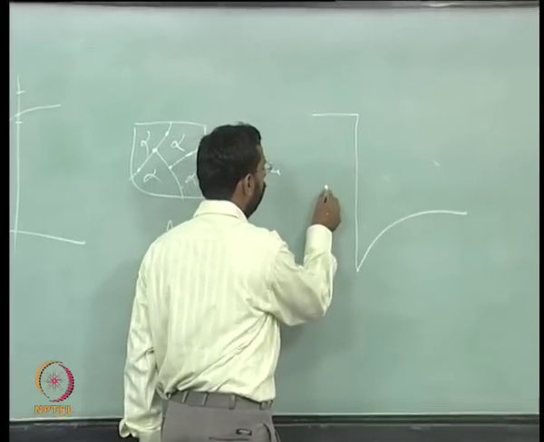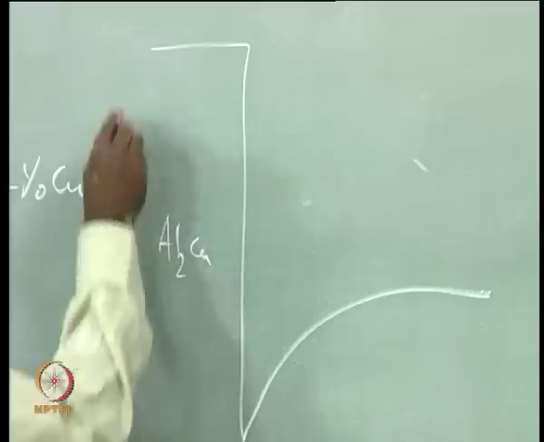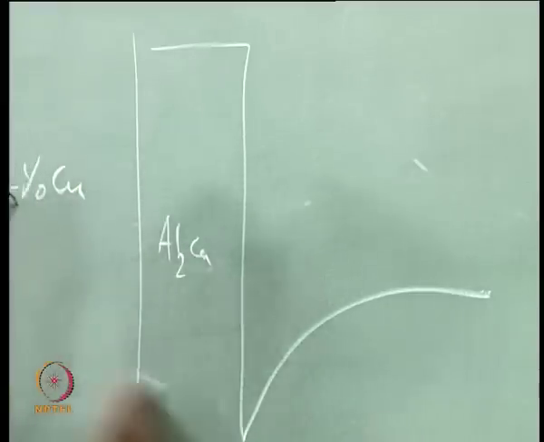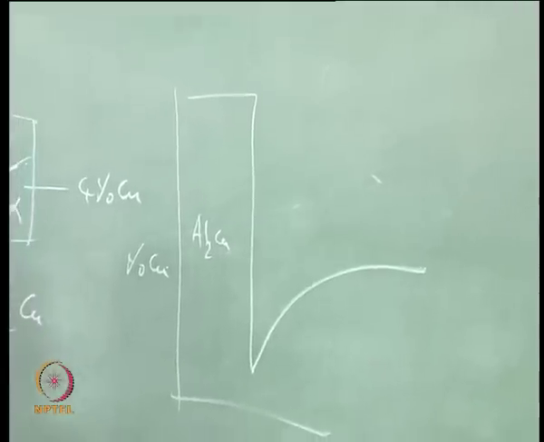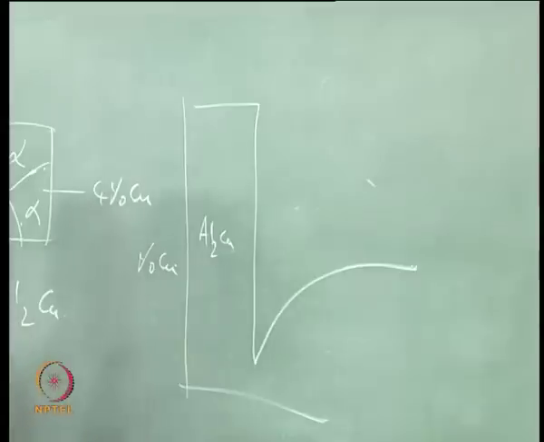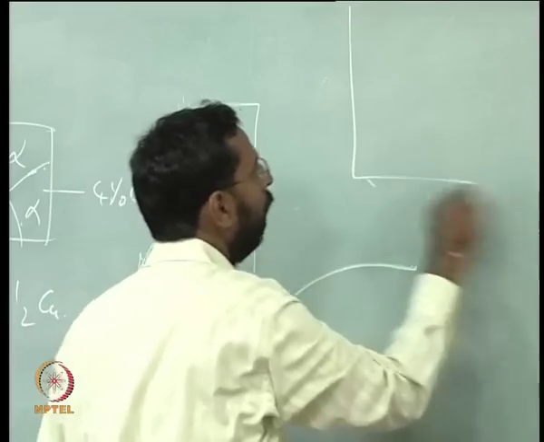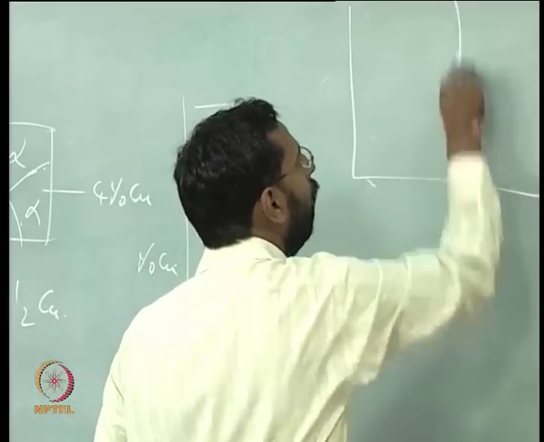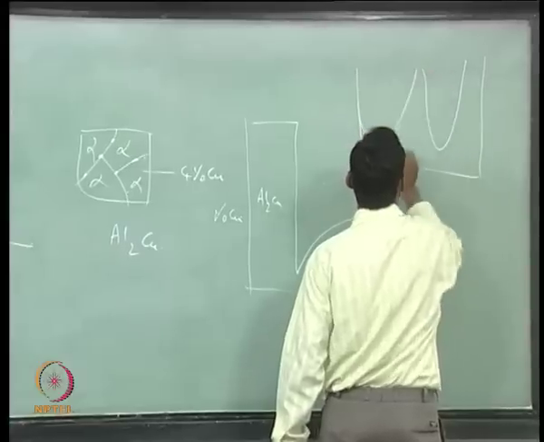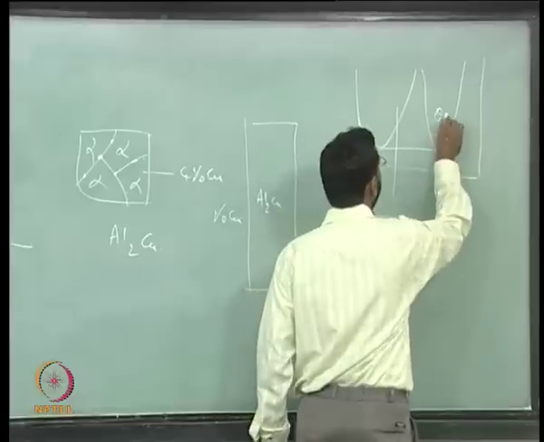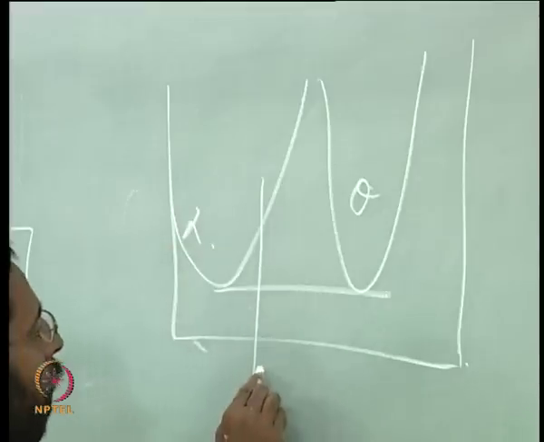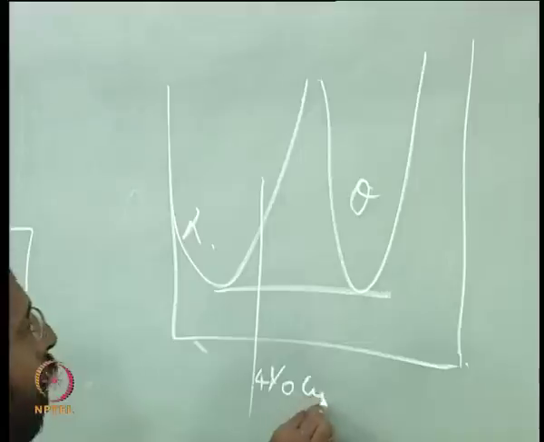If this is the theta phase, Al2Cu, and we plot percentage copper, the concentration profile looks like this, we said, because if you remember the free energy composition diagram, where you have the Al2Cu phase here, the alpha phase here, and if you join a common tangent, this is the theta phase, this is the alpha phase, and this is our composition, 4% copper.